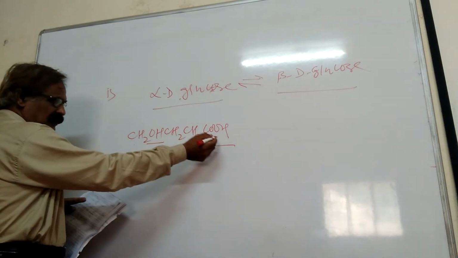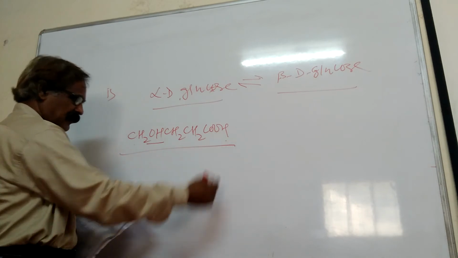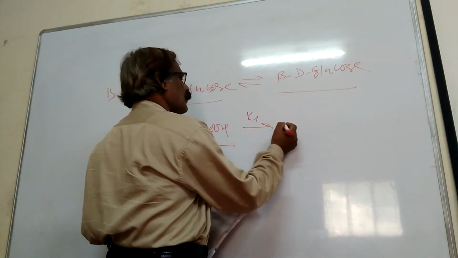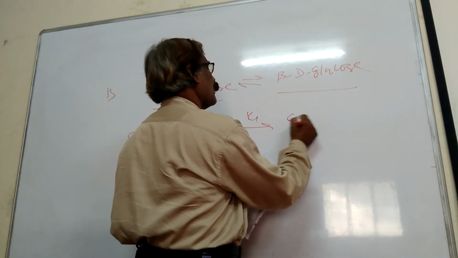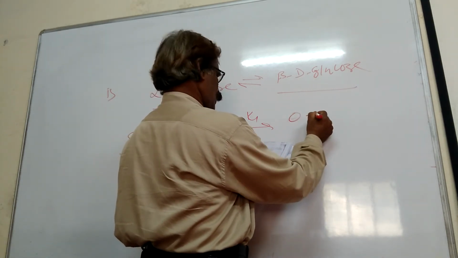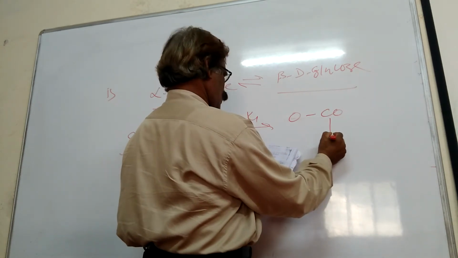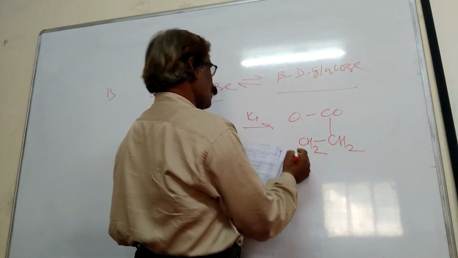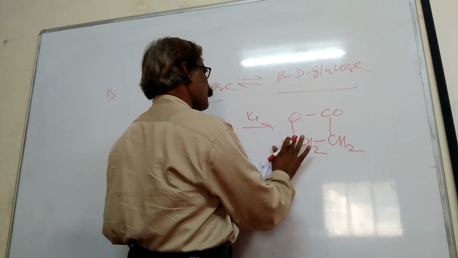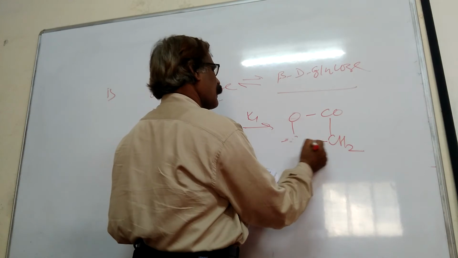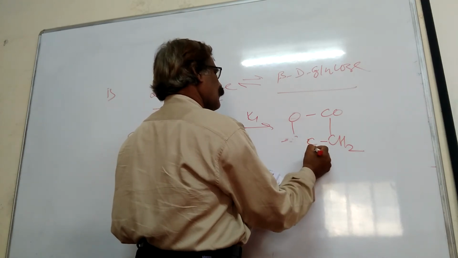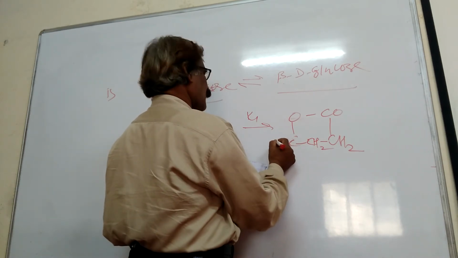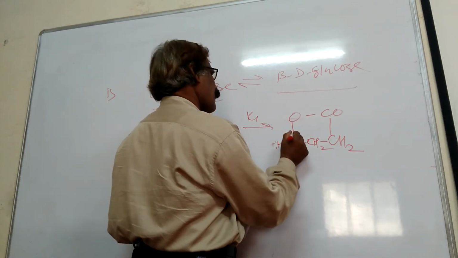Gamma hydroxybutyric acid is converted into lactone, with the structure O, CO, CH2, CH2, CH2.